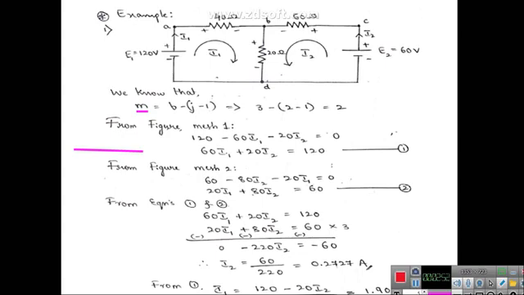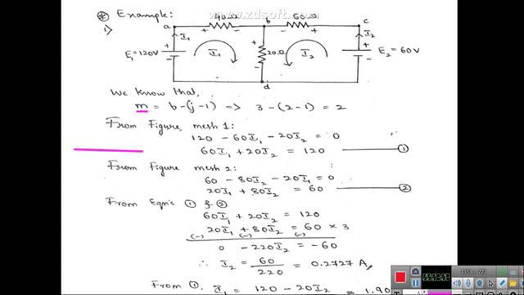First you need to identify the number of junction points. In the earlier class you studied what a junction is. A junction is the point where 3 or more elements are joined together.